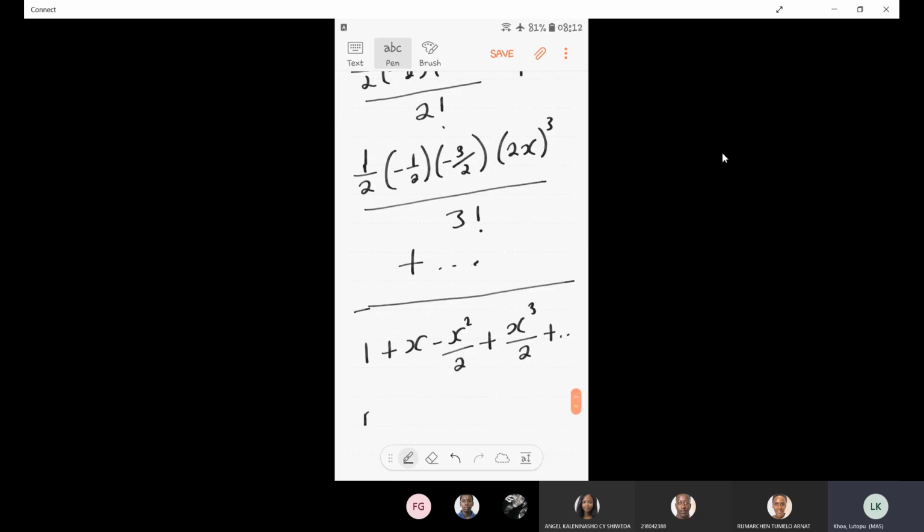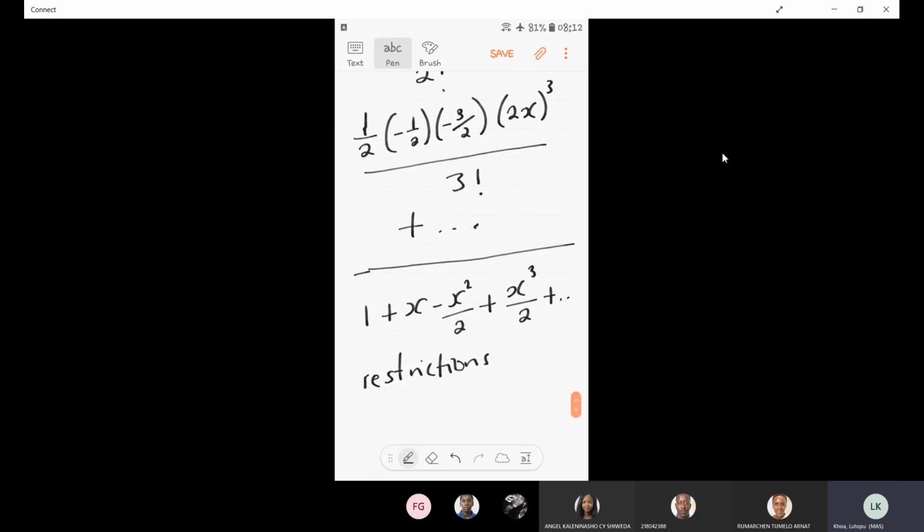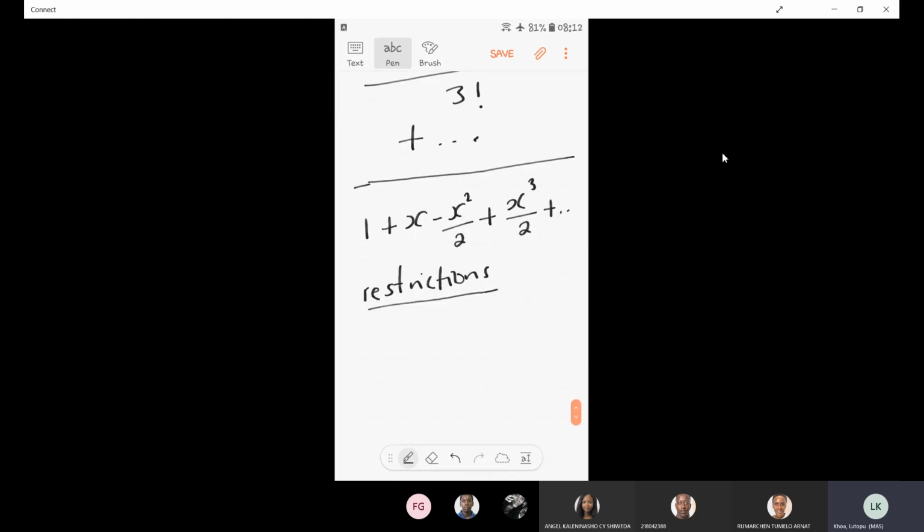Okay, then the restrictions. This is that absolute value of b should be less than absolute value of a. So that's absolute value of 2x is less than the absolute value of 1. So this is just absolute value of 2x is less than 1.